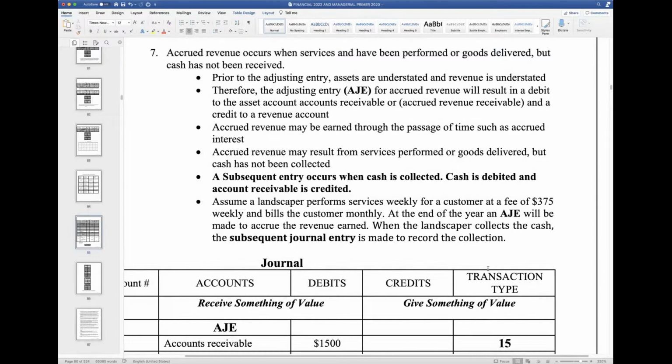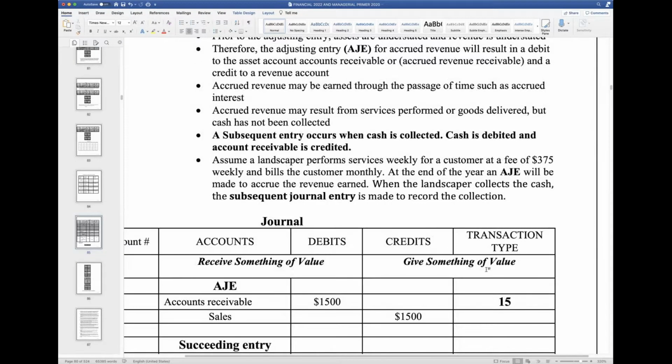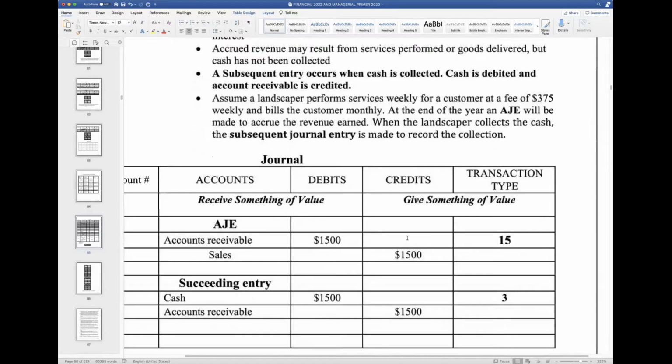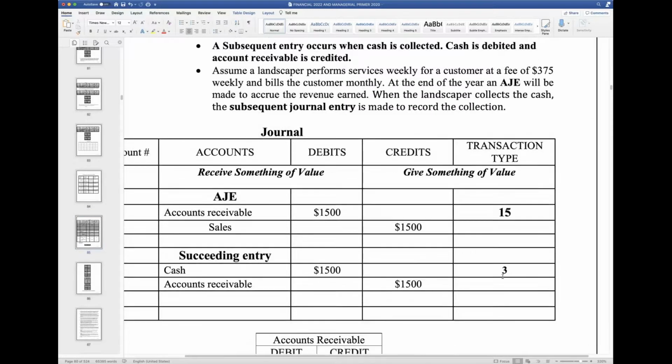So at the end of the year, the landscaper, if he's on accrual basis, debits account receivable and credits sales for the month of December because he's done the work. So his workers have come out, they've done the work, and he's waiting for his money. When his money comes in January, he debits cash, credits account receivable, the old 3.